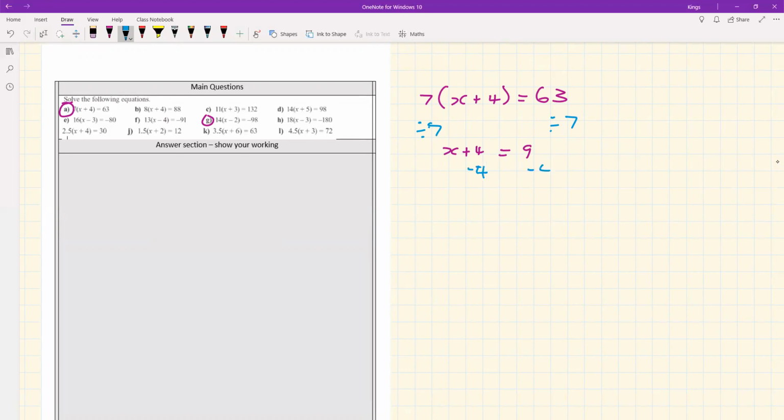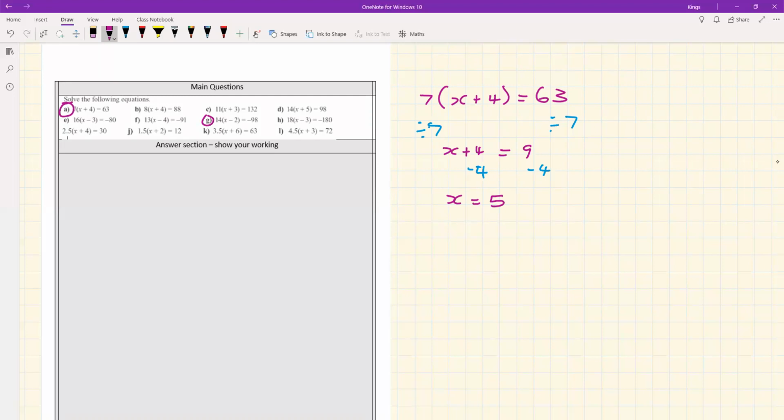You have x equals 9 take away 4 is 5, so x is 5. If you substitute in the original equation to see if that's correct, 7 times 5 is 35, and 7 times 4 is 28. 35 add 28 gives us 63, so that's correct.